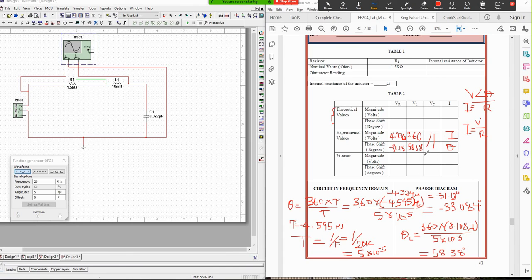So this is how you can simulate this circuit and record your values in this table. Then you find your error: simulation minus theory over simulation, times 100%. You take the absolute of this.